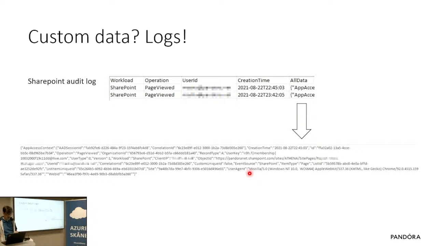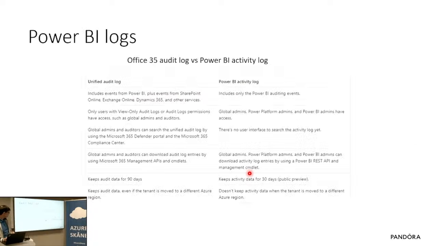But you need to go into the Office 365 admin portal with admin rights and download it, unless, of course, you do automation as we did. This is the kind of data that you can get from SharePoint Online.